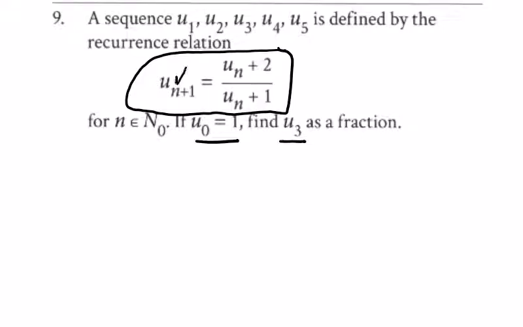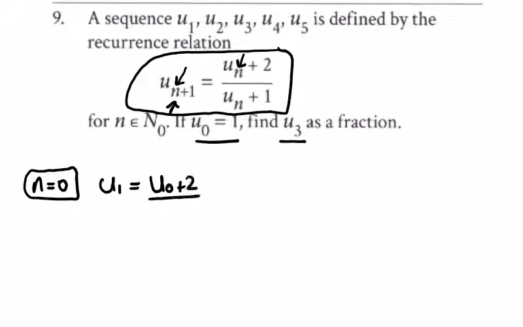So to get u1, we let n equal 0. u1 is going to be equal to (u0 plus 2) over (u0 plus 1), and u0 is 1 here, so we're going to get 1 plus 2 on top, which is 3, and 1 plus 1 on the bottom, which is 2.